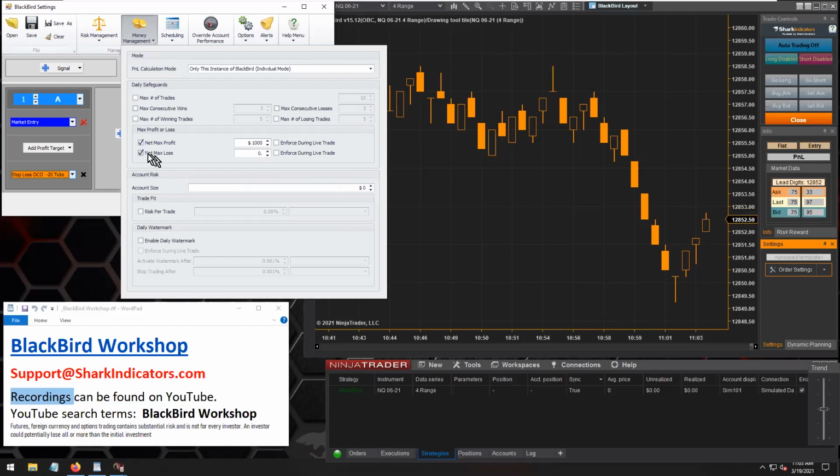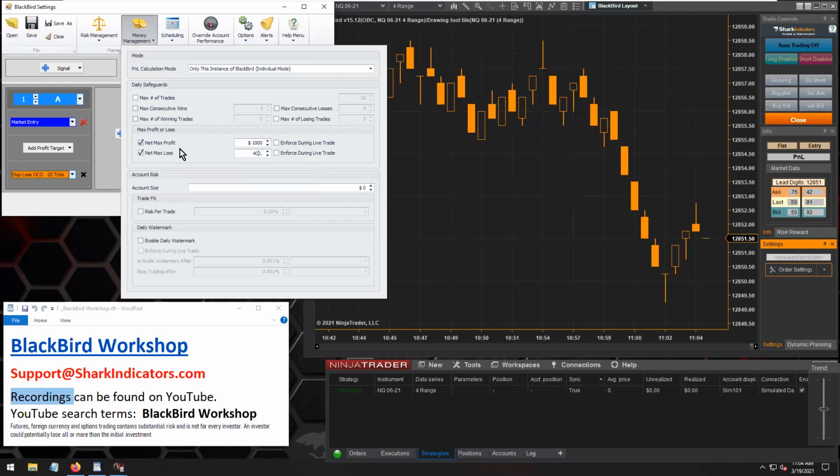And another common money management rule here is the net max loss. Say, for example, let's stop trading if we hit a $400 loss. These are just rules that BlackBird is evaluating to say, hey, did one of these rules get hit? But they're not actual tangible orders.